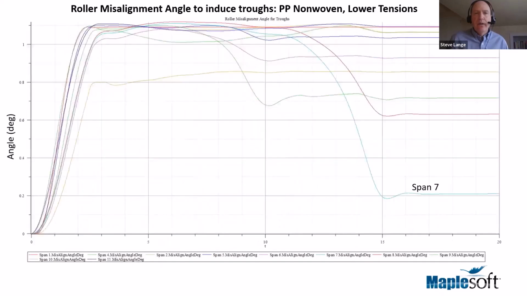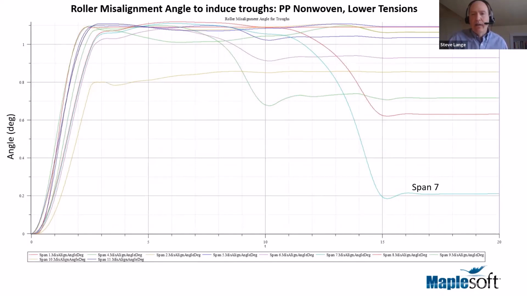If we look at the case where we lowered the tensions in the polypropylene nonwoven, now we see that you have a few spans getting down, particularly span 7 is now in the 0.2 degree misalignment range.